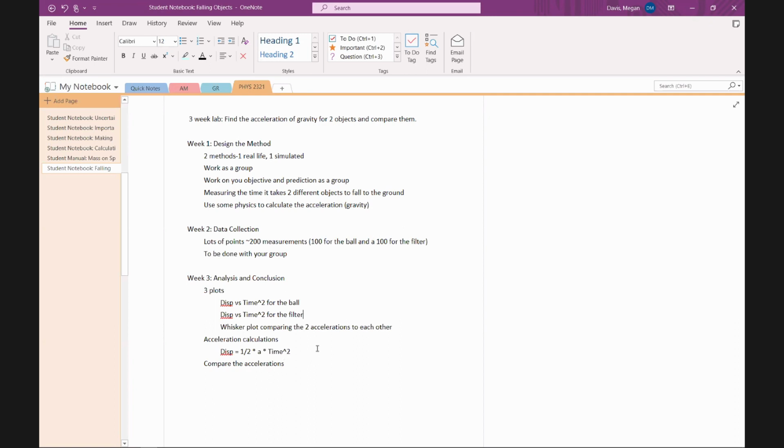The acceleration calculation that you're going to use is this equation. This displacement is equal to 1/2 AT squared. And we're going to go over that. And then, like I said, you'll compare those accelerations. So in your conclusion, you'll need to have what your final acceleration is for the ball and for the filter. And then you'll need to talk about the 2 accelerations together.